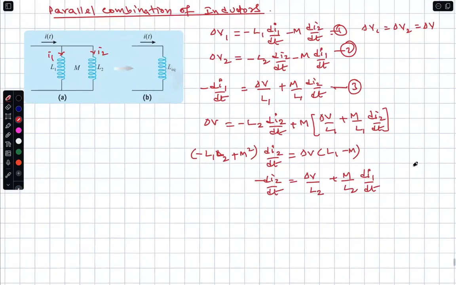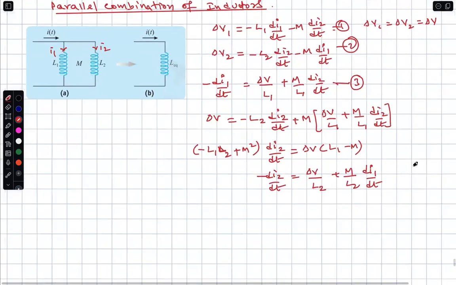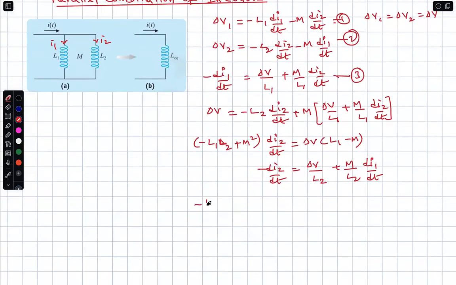With all these combinations, you will prove that minus L1 L2 plus M square di by dt is delta V times L1 plus L2 minus 2M. Remember, I've used all these equations. Basically, I am going to write only one thing here. Delta V is minus L effective di by dt. I am going to get this information.